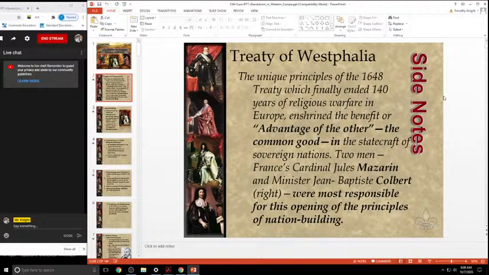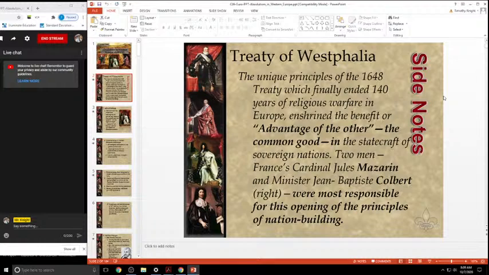Okay, Europe is going to undergo this transition where they're moving away from the idea of nations being defined solely by their religious identity, and more being interested in creating a national centralized state government with an all-powerful king at the top of society.